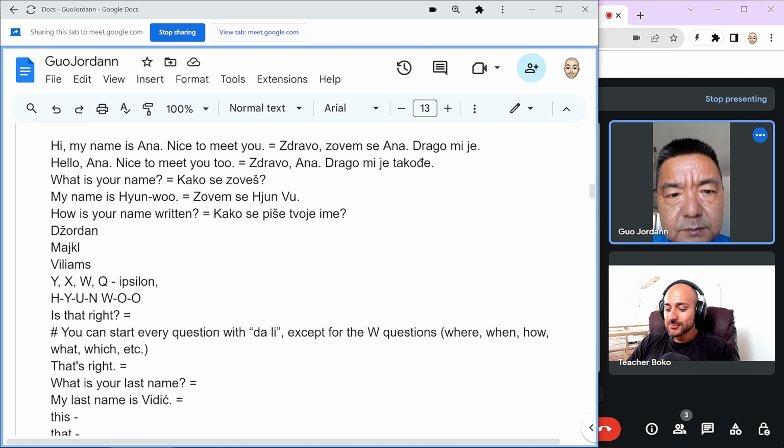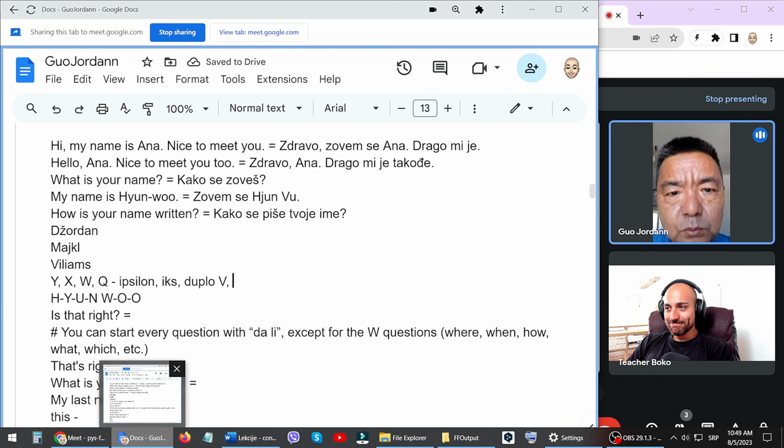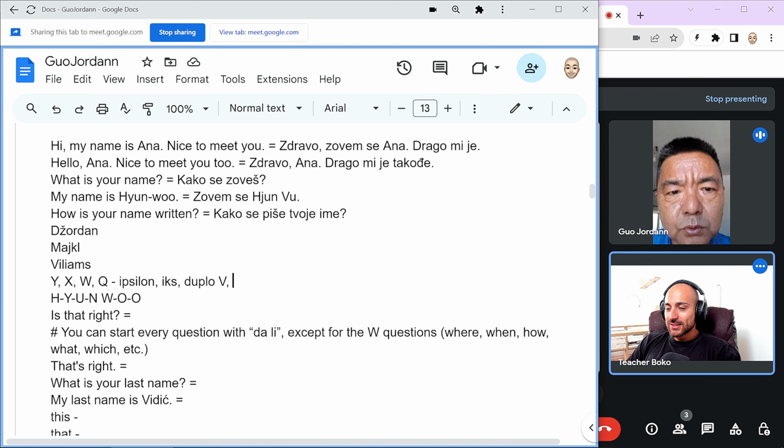Then we say X. We say duplo V for W, like double V. And Q.